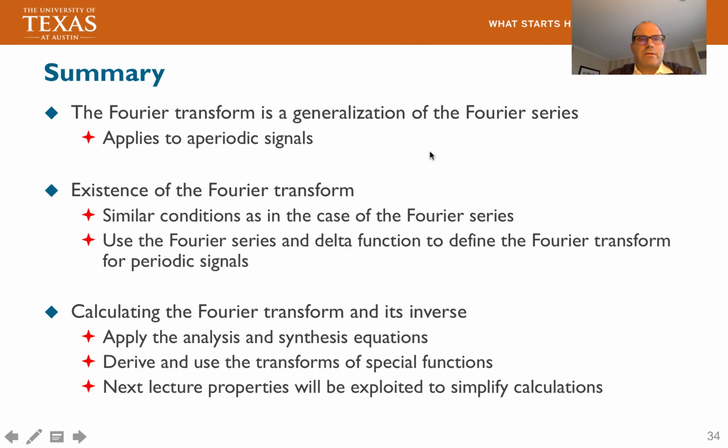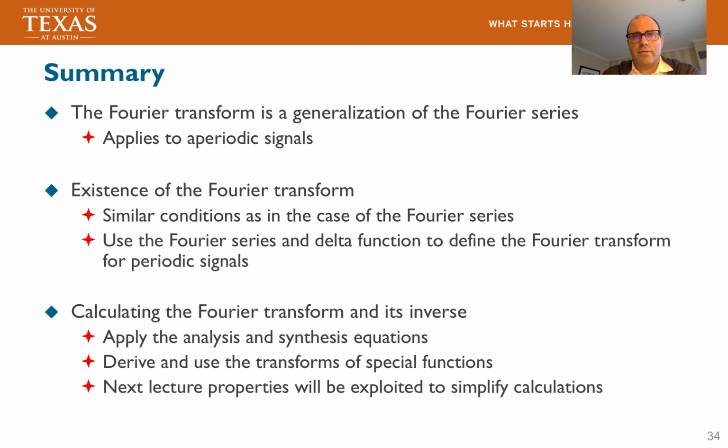So to summarize the lecture, the Fourier transform is a generalization of Fourier series to almost arbitrary signals. It applies to aperiodic signals. Now, the Fourier transform can't be computed for every possible signal, but there are special cases of signals that work, so finite energy signals and signals that satisfy the Dirichlet conditions. We can also define the Fourier transform of a periodic function by using the Fourier series.